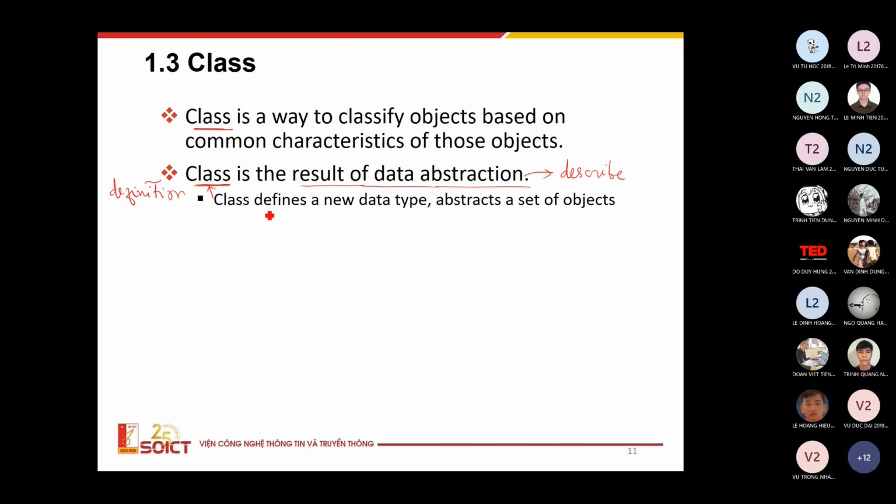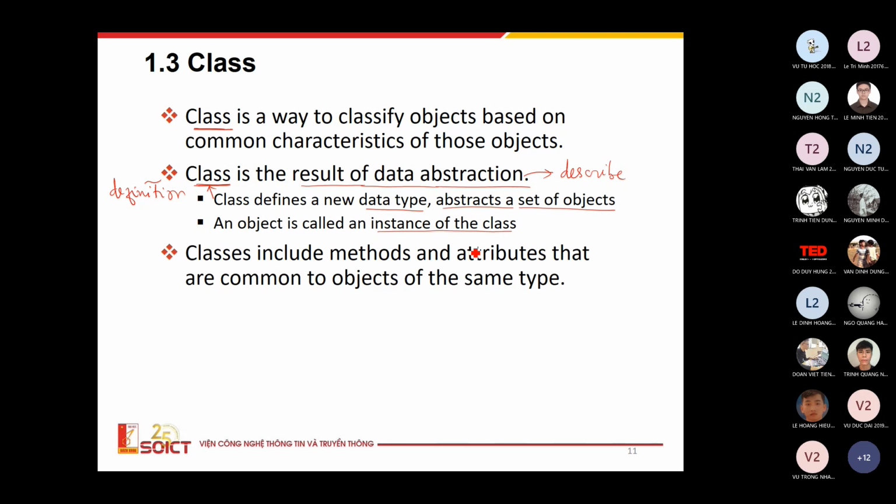And you can use a class to define a new data type or abstract a set of objects. And an object is called an instance of the class. We know it already. And in the class, you can include the methods and attributes that are common to objects of the same type.